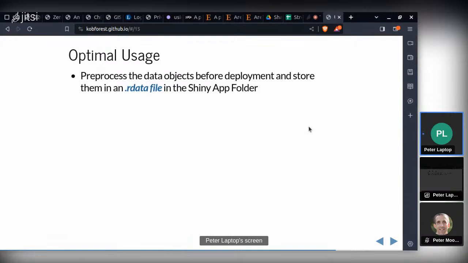Now, there is one thing I'm going to remark on. I cut through a lot of the key things here, but just to remark about how to build and how not to build Shiny apps.